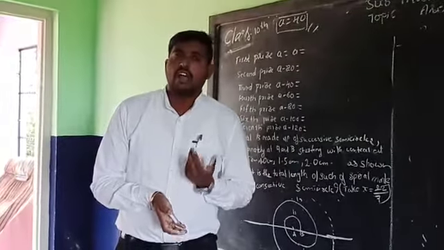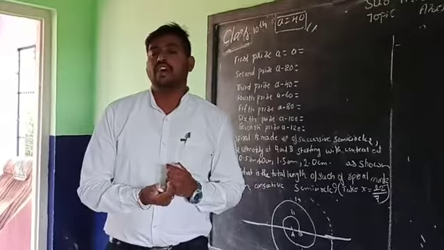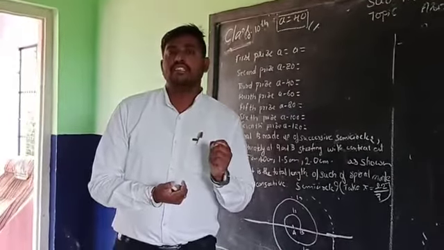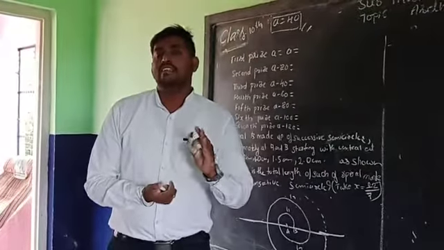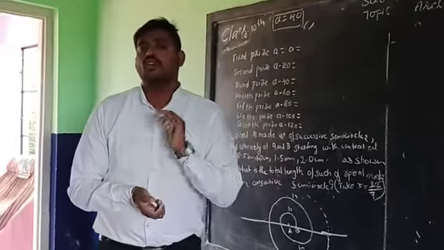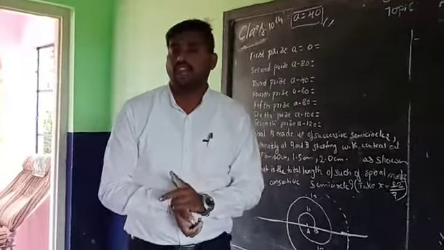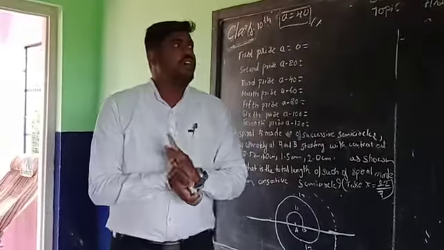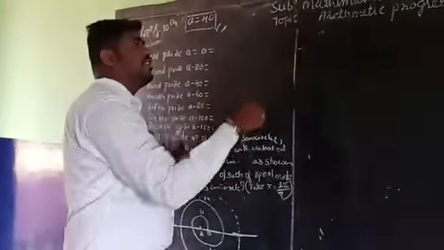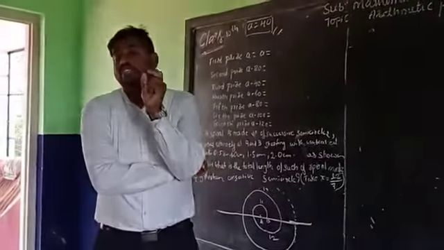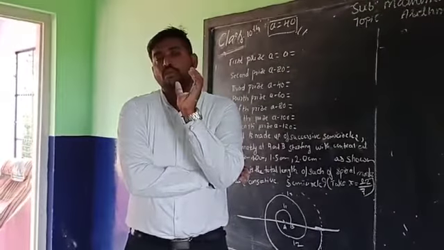Is it right? One more concept is given: each prize is rupees 20 less than the preceding prize, and we have to find the value of each prize. So what is given in this question? The sum of the first n terms is given, rupees 700.